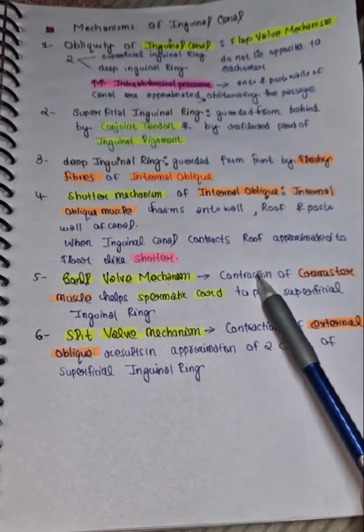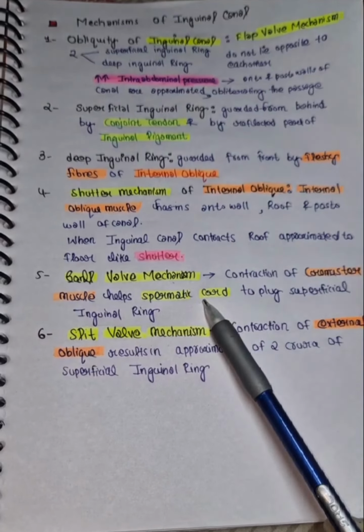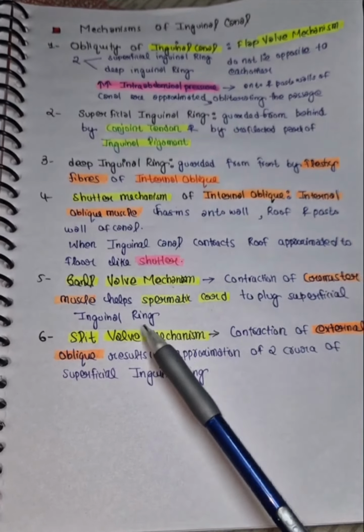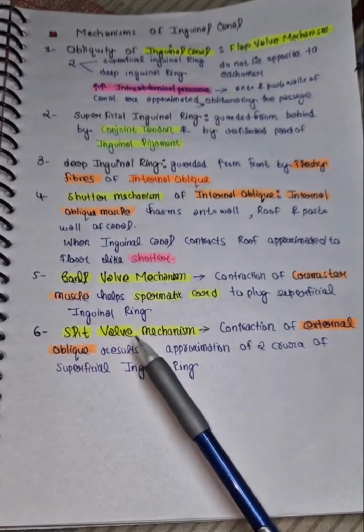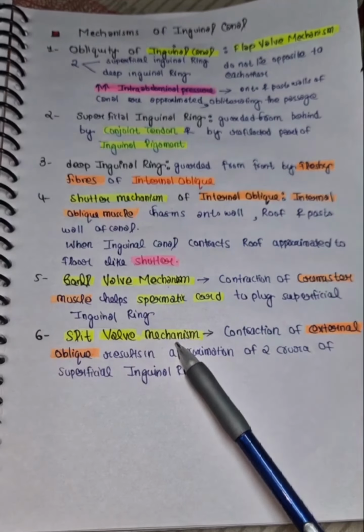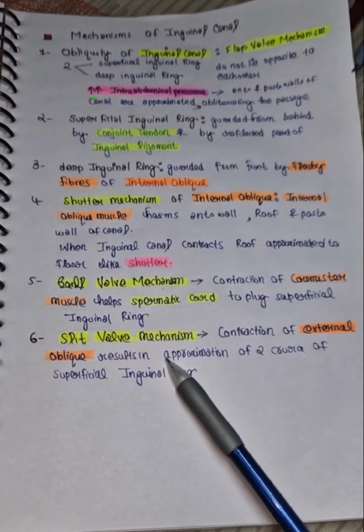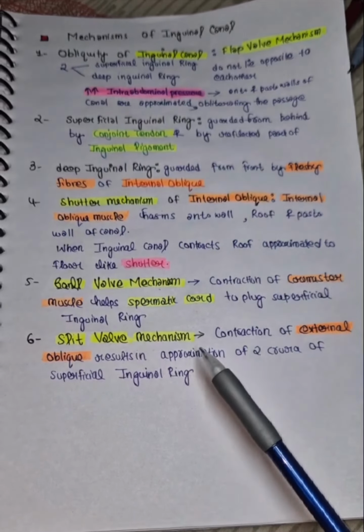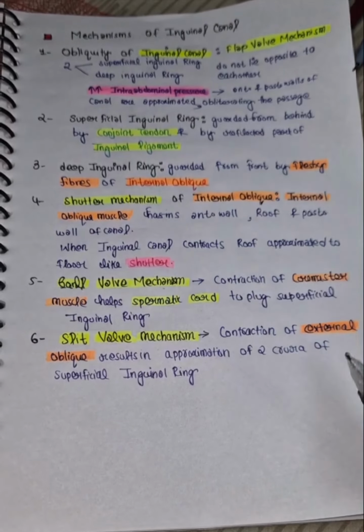Contraction of the cremaster muscle helps the spermatic cord to plug the superficial inguinal ring. And the last one, the slit valve mechanism. Contraction of the external oblique results in approximation of the two crura of the superficial inguinal ring.